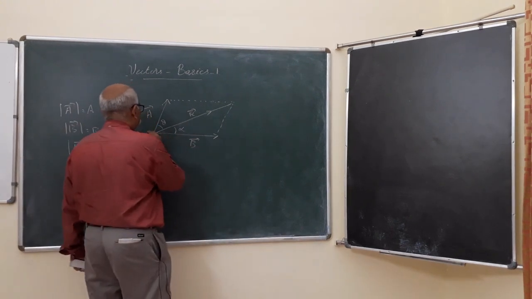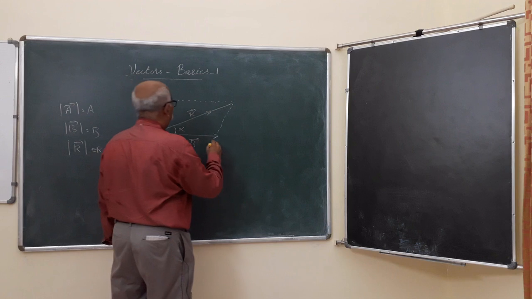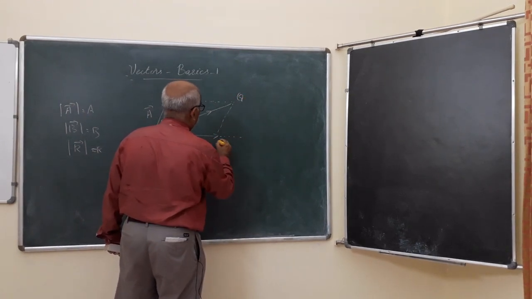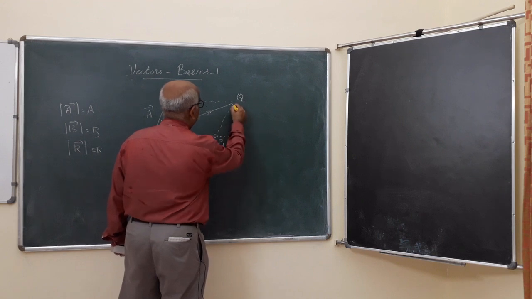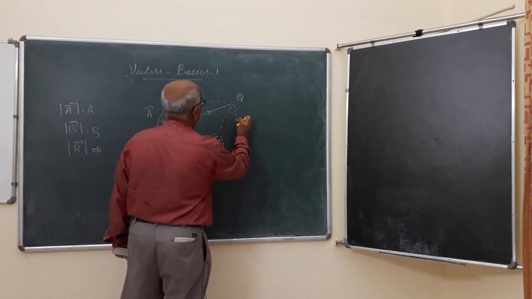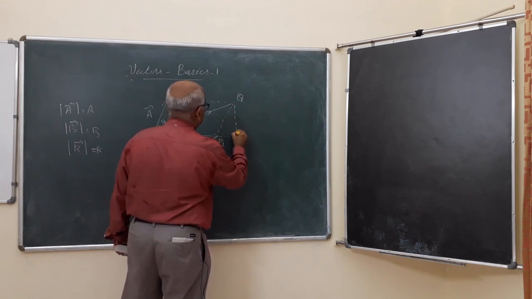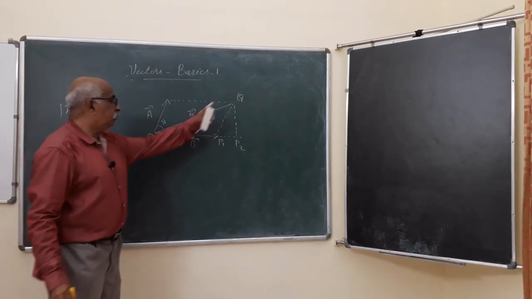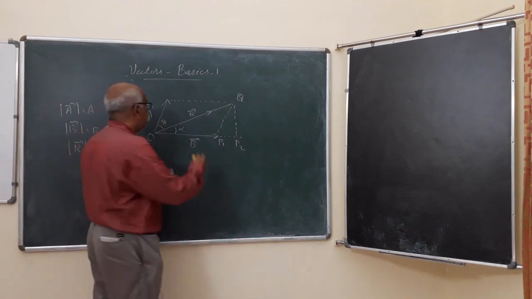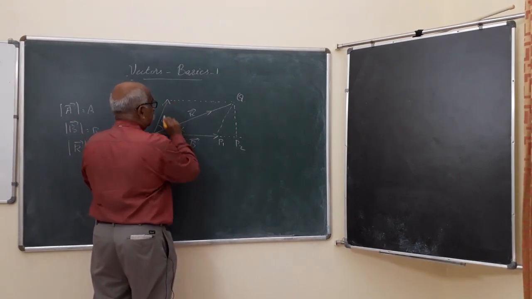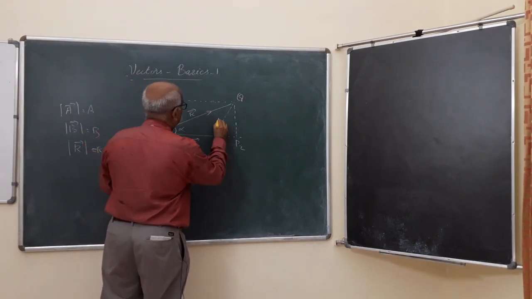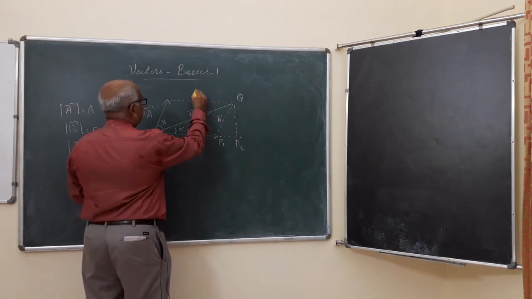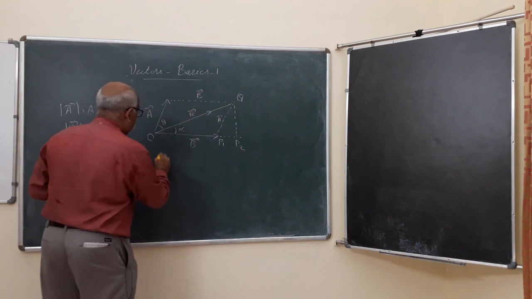Let the vectors be acting at this point O and Q. Let this point be P1 and you drop a perpendicular from Q to the line extended, that is P2. In this right angle triangle, A being here, the opposite side also will be A. If this is B, this is also B. What about the resultant R?